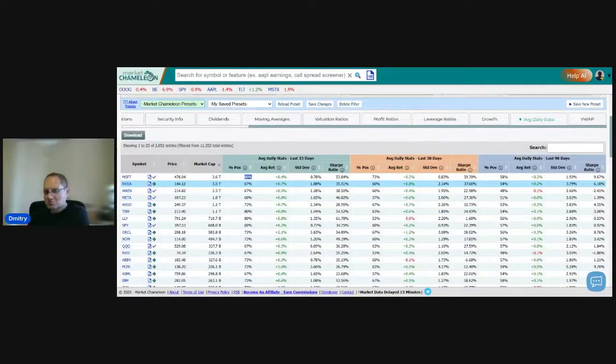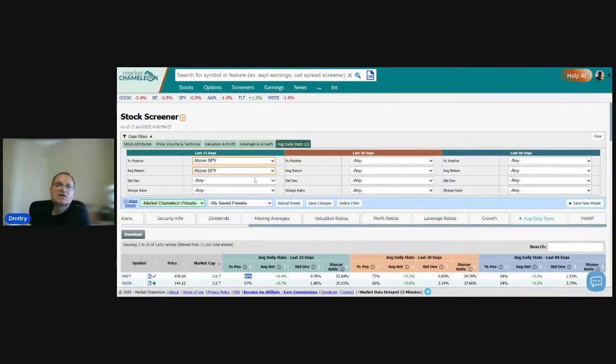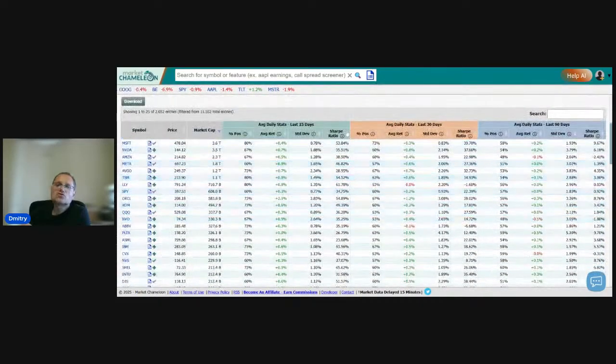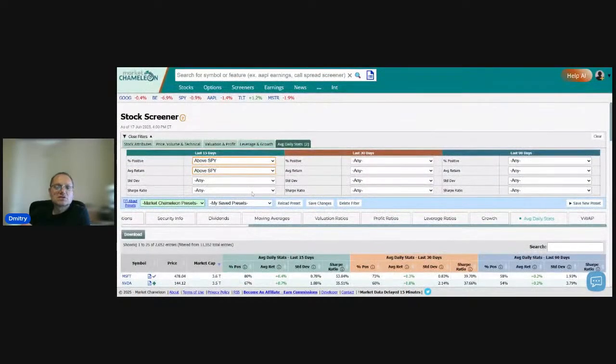But maybe we could find something that is lower. So here, we want to use this ratio where the Sharpe ratio is higher than the SPY Sharpe, where our average return divided by the standard deviation is higher, which shows that we got more return for each unit of risk.